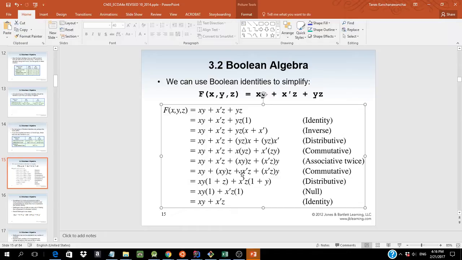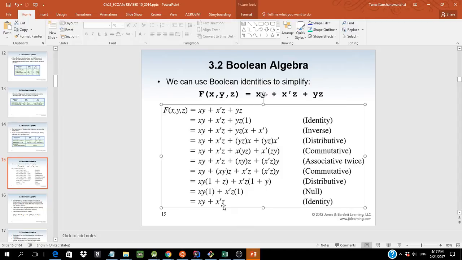Then we can have 1 plus z and 1 plus y out, because we try to eliminate them, and 1 plus z and 1 plus y turn out to be 1. So the goal is we try to eliminate something. That's why we put the identity in. Then we have xy plus x prime z.